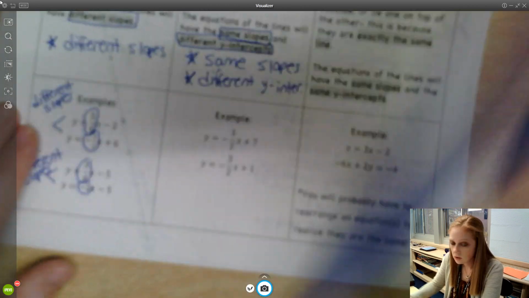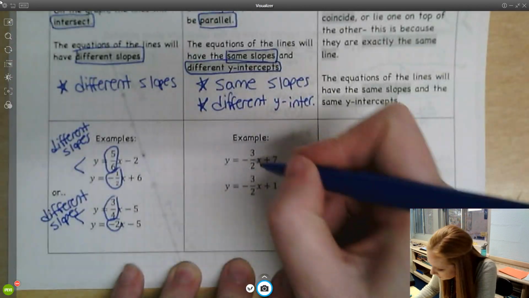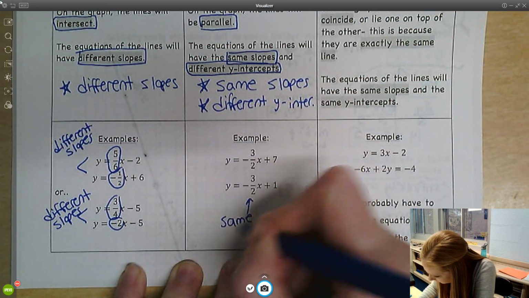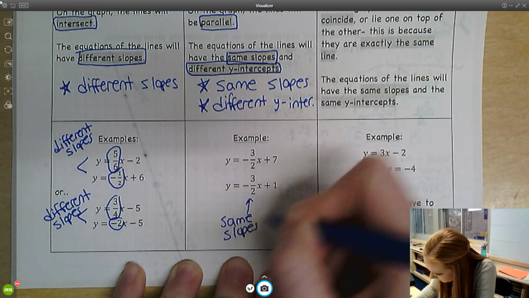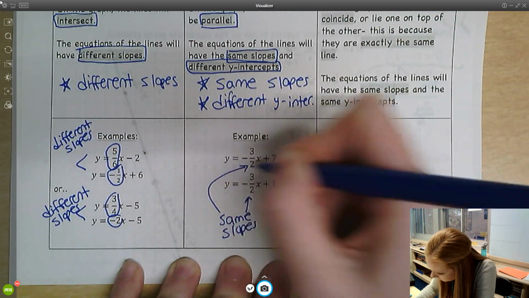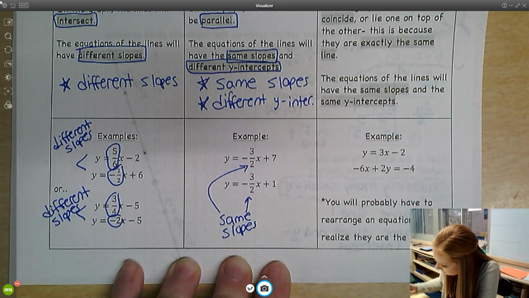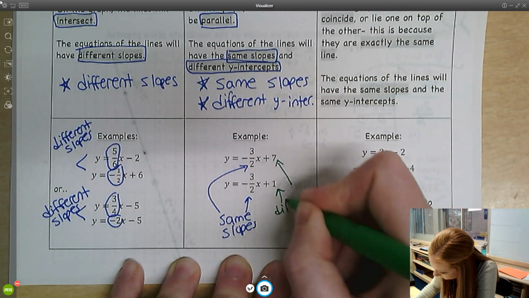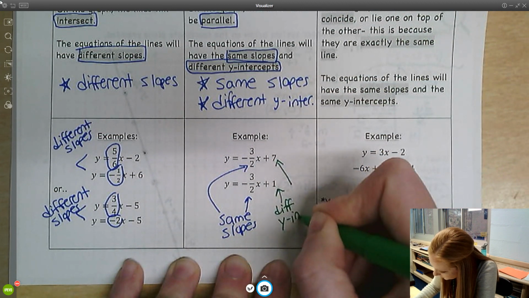And here's an example where they have the same slopes, but they have different y-intercepts.